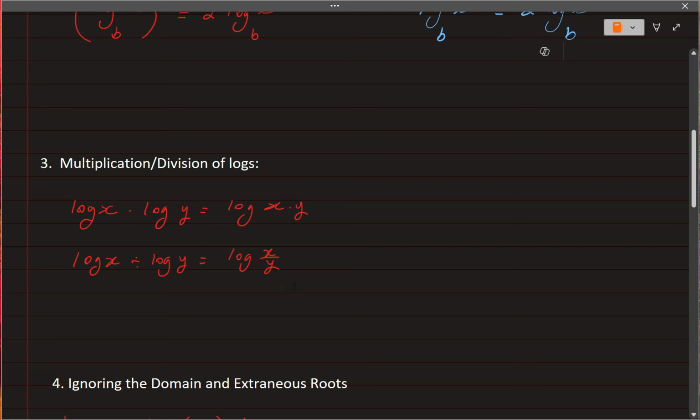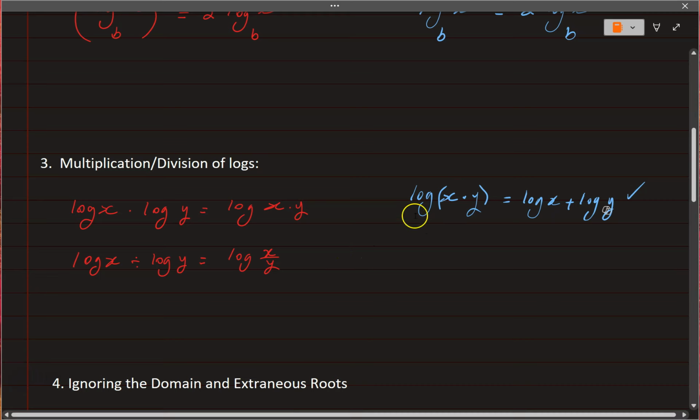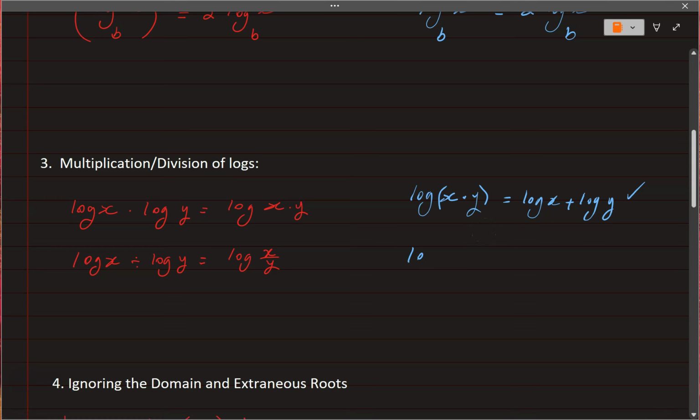Now, this thing is true: log of x times y is equal to log of x plus log of y. That is one of the multiplication and division laws of logs, and so is the division one: log of x divided by y is log of x minus log of y. Do not confuse the two. They are not the same.